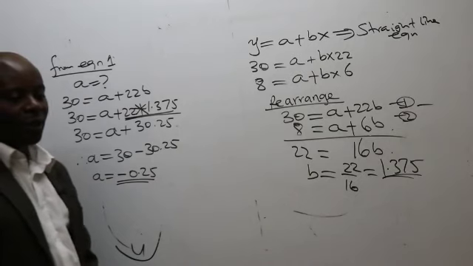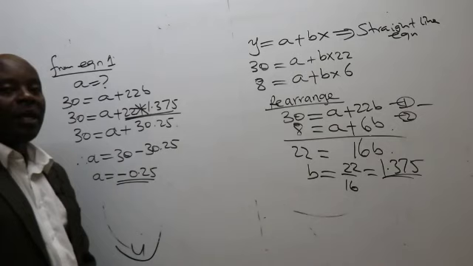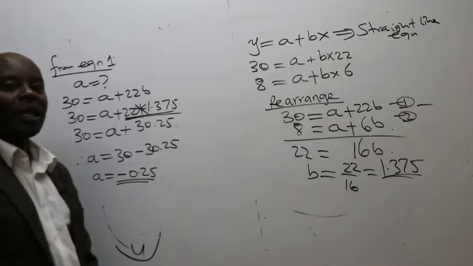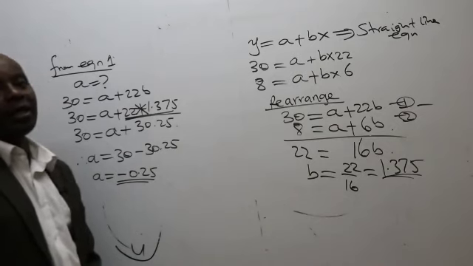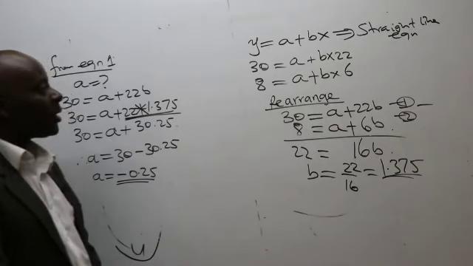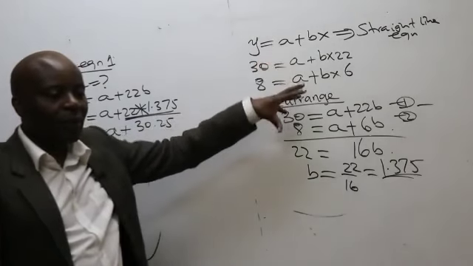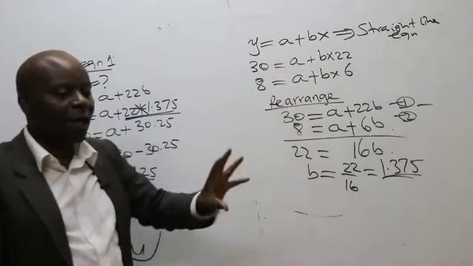So, ladies and gentlemen, having gotten the values of A and B, is that everything? It can never be the case. Why? Because remember that this examiner had asked us to come up with a function that connects y and x.